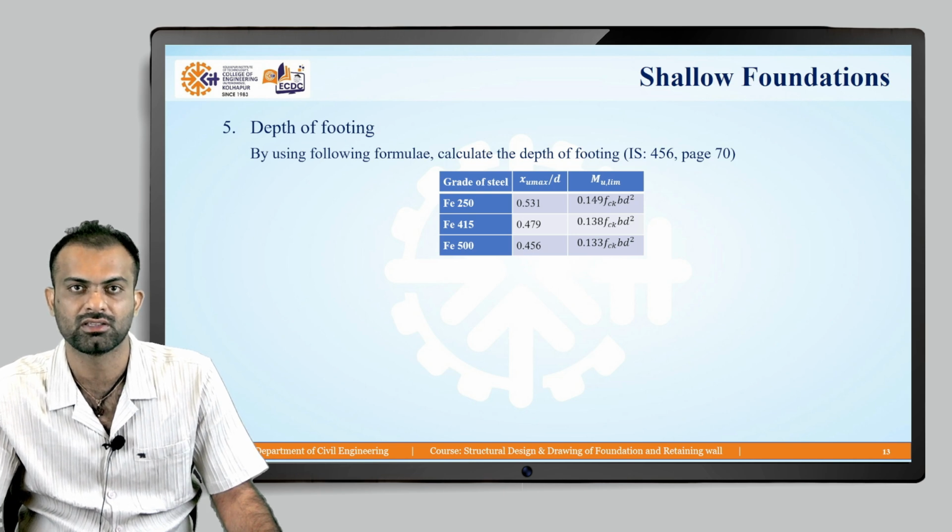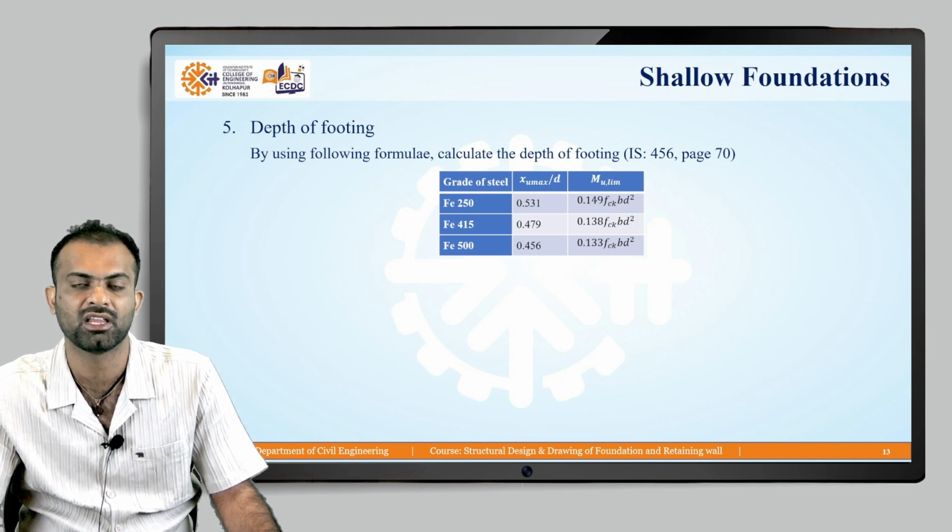In the same way, if you are using Fe 500 bars, you use that Xu by d value. So the corresponding limiting moment will be this one. Using this formula, if you are using Fe 250 bars, the limiting moment equals 0.149 fck b d squared.